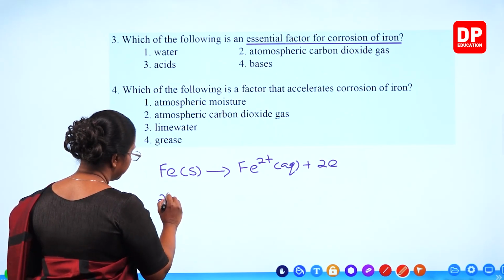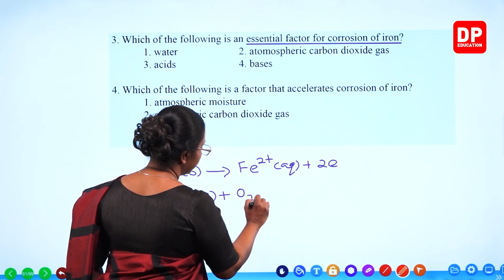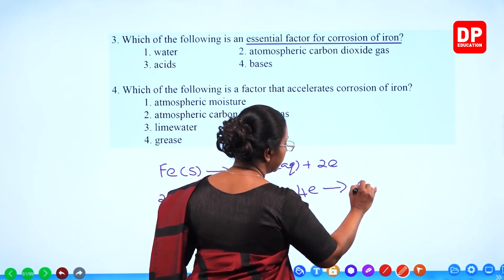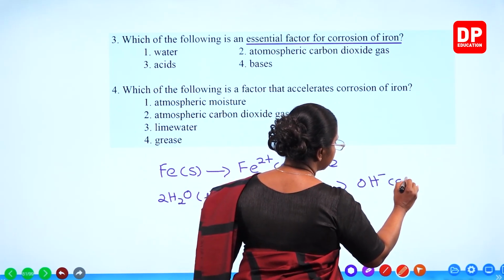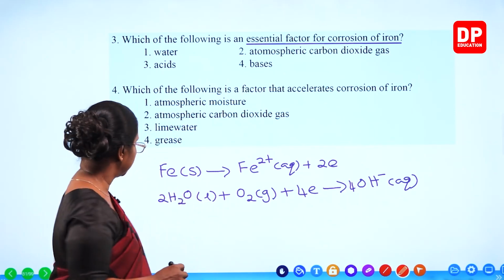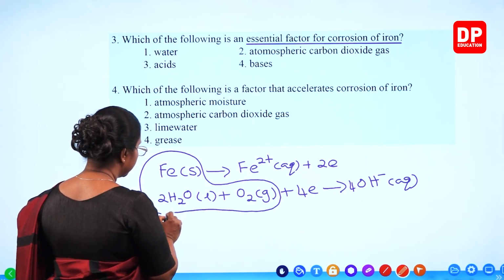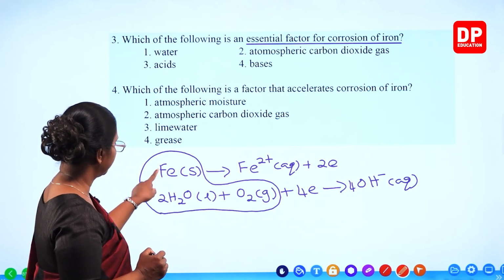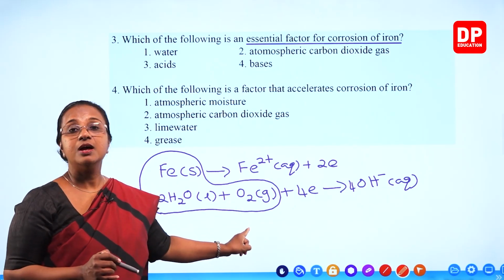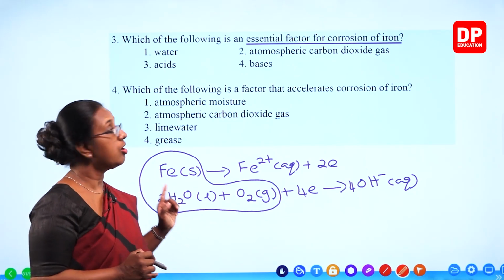At the same time, 2 water molecules and O2 gas take up 4 electrons forming OH minus ions. That is the reduction reaction. So these are the components needed for rusting of iron. There are 2 factors, water and oxygen, that are essential for rusting.